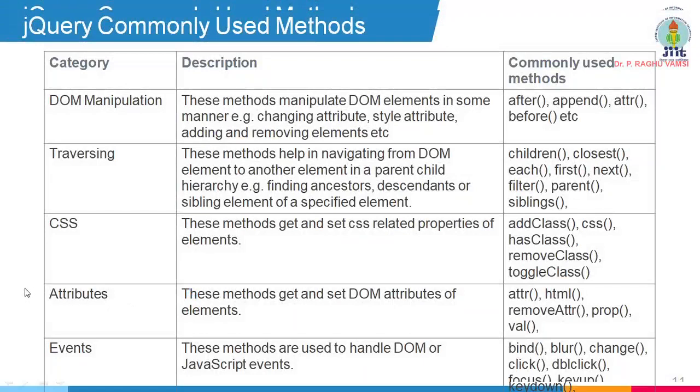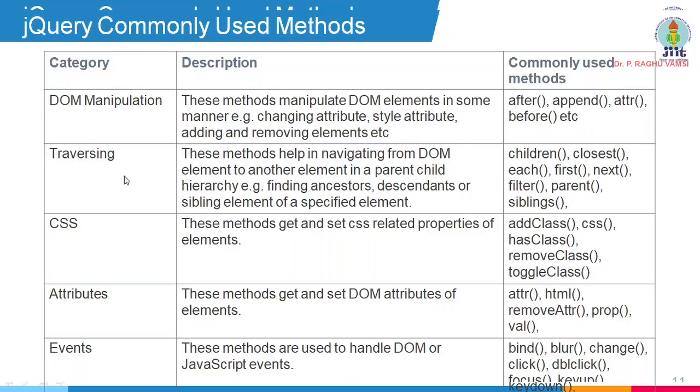What are the other commonly used methods along with the previous ones like HTML and text? The categories are like this: document object model manipulation. These methods manipulate the document object model elements in some manner, for example changing the attributes, style attribute, adding and removing elements. After, append, attr, before are the most commonly used methods with the DOM.